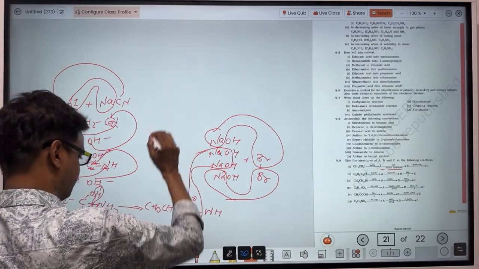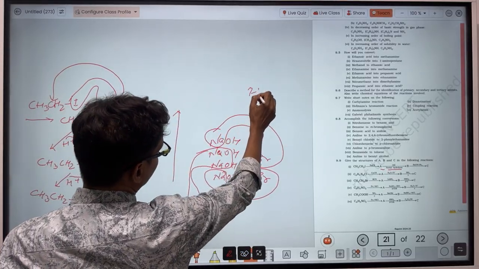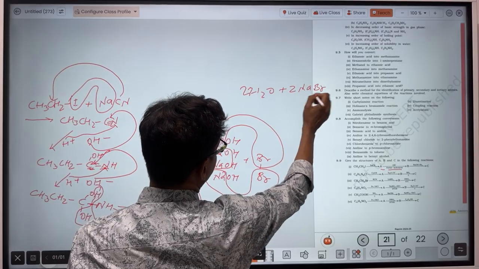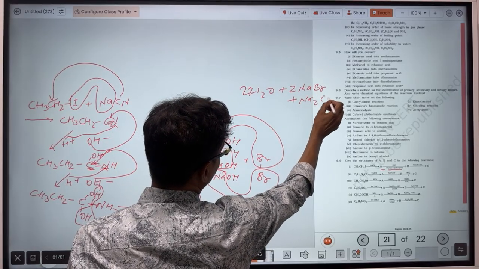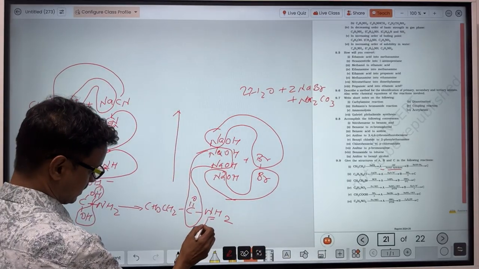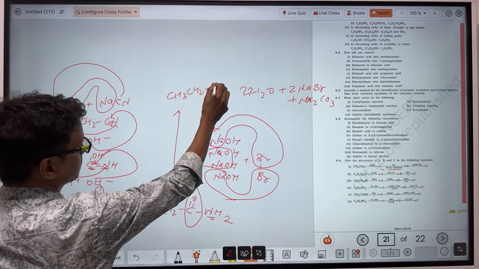I should write it like this here. So there will be formation of 2 moles of H2O, 2 moles of NaBr, and 1 mole of Na2CO3. And this NH2 will get bonded to this carbon. That will become CH3CH2NH2.